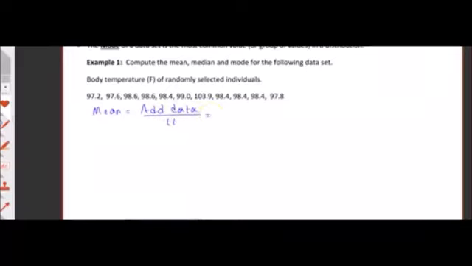So take a second and add those up. So if we add all those temperatures together, we should get 1086.30. If we divide it by 11, we get a mean average temperature of 98.75. Okay, so there's our first one.